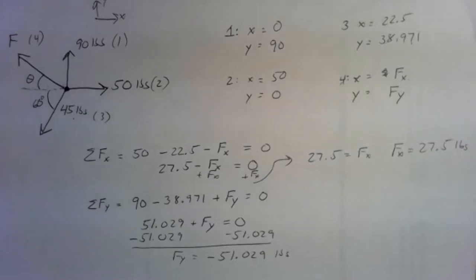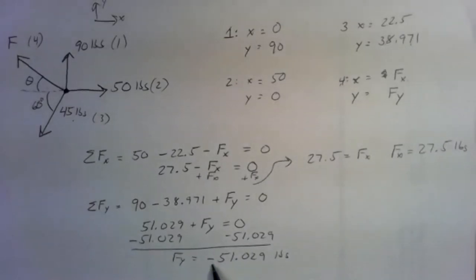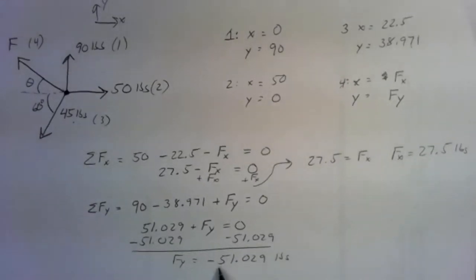And this is where you might need to think about it for a little bit, because a negative doesn't necessarily mean that we're up or down or left or right. A negative means it's opposite the way you drew it. So while with a y component, we usually assume negative means down, what it really means here is it's opposite the way I drew it.